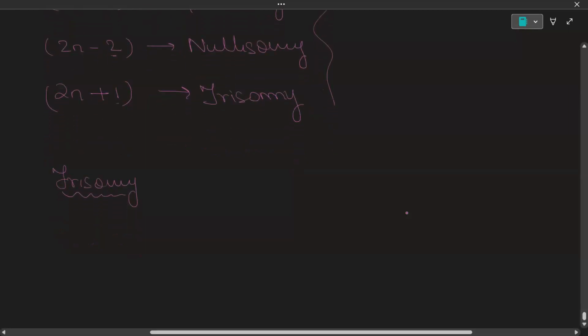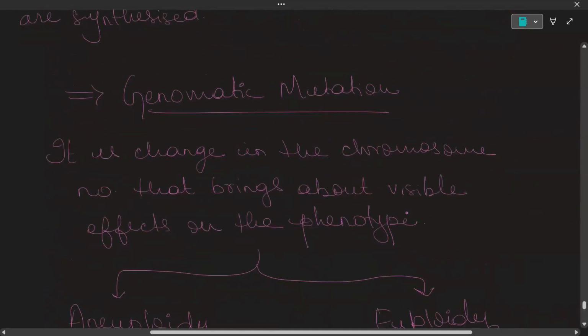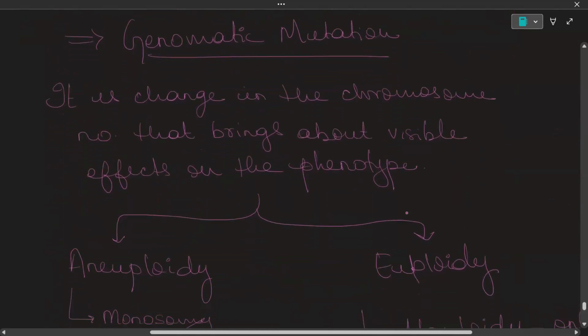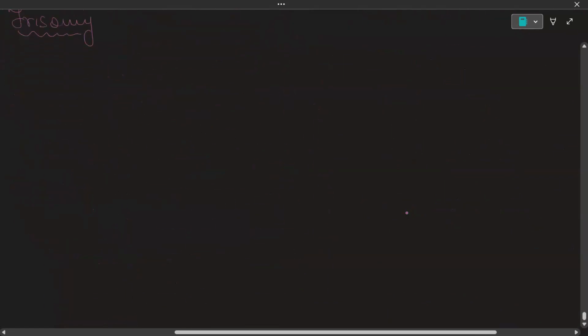Let's talk about chromosomal disorders now. This mutation is clear to you, right? Because to learn about chromosomal disorders, we must know how the chromosome number is hampered. Now the heading should be chromosomal disorders.